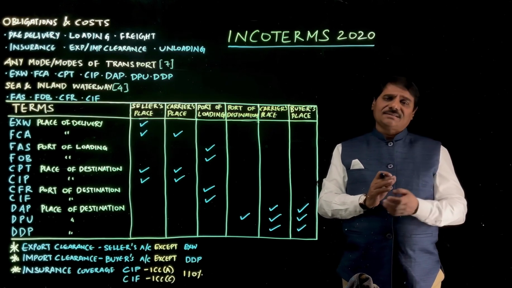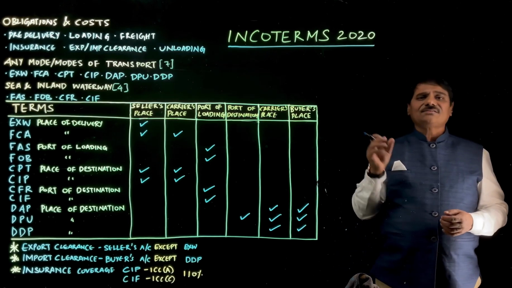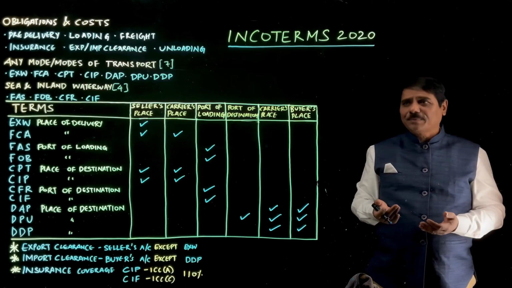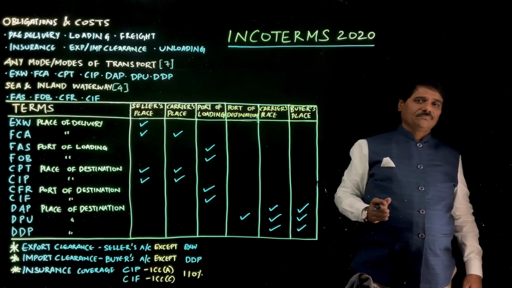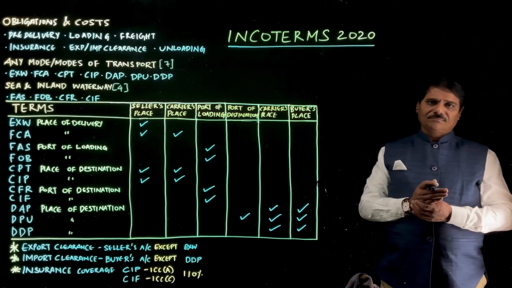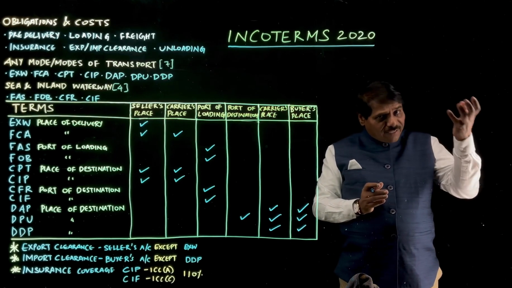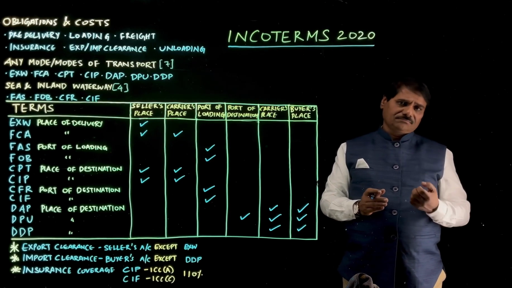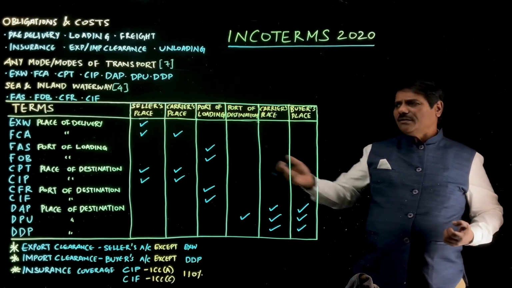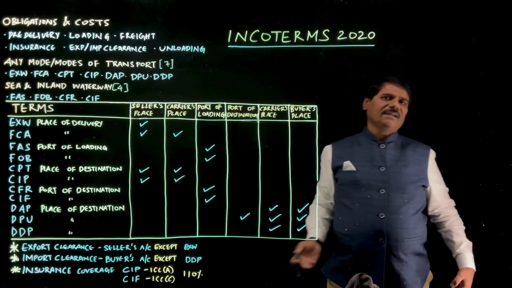That is the only reason why, for containerized cargo, you always adopt CPT or CIP or FCA, whatever is appropriate. Suppose if buyer is paying the transportation for main carriage, then you adopt FCA in case of container.